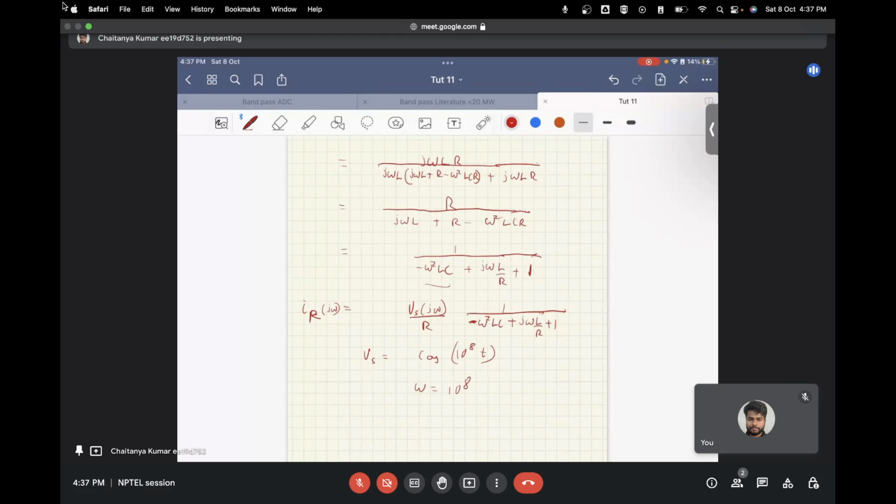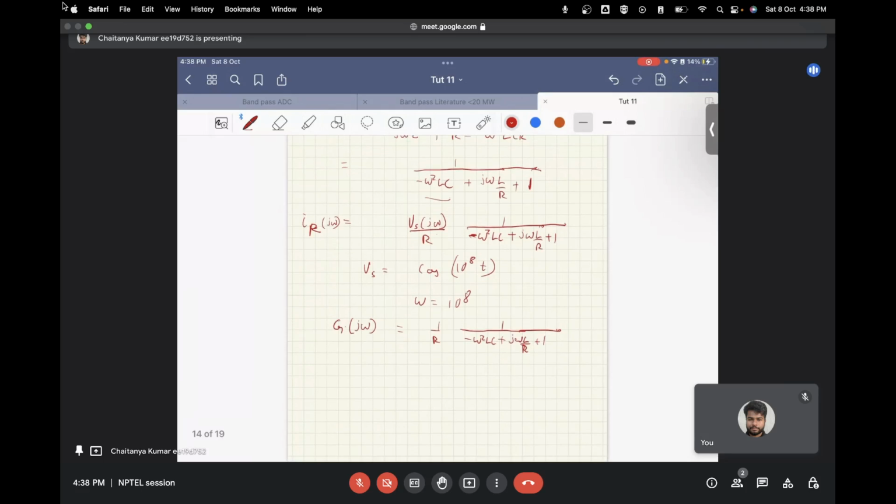Since it's a transfer function from voltage to current, let's call it the transconductance transfer function. So G of j omega is equal to 1 by R times minus omega square LC plus j omega L by R plus 1.